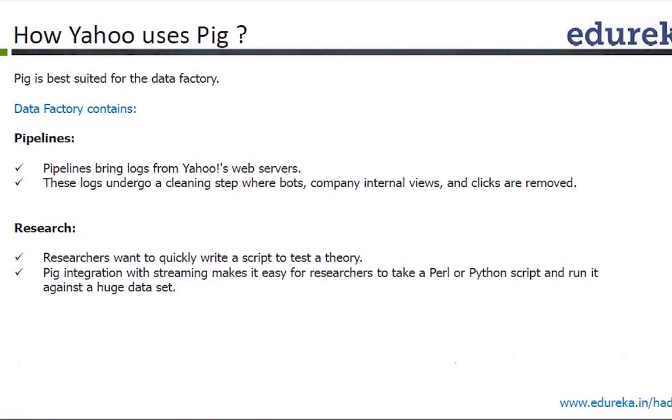So the challenge Yahoo had is they had a lot of research guys or data scientists who can understand the data and process it, but every time they wanted to analyze or process the data set, they had to go to the Mapreduce developer team, get their development done, and then test it. That way it takes a longer time in doing the Hadoop processing or development.